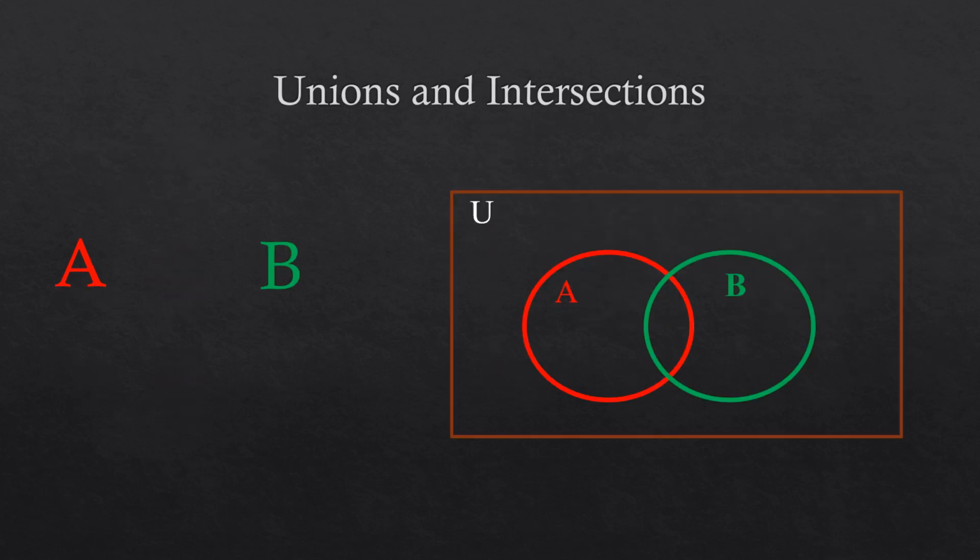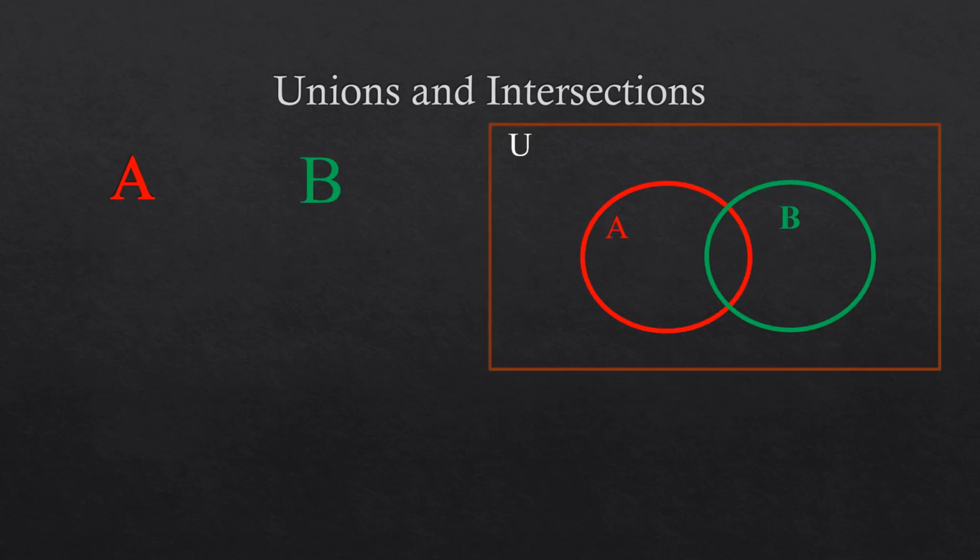We're going to take a look at the most common types of operations between sets, and that is the union and the intersection. The first one that we're going to look at is the union.